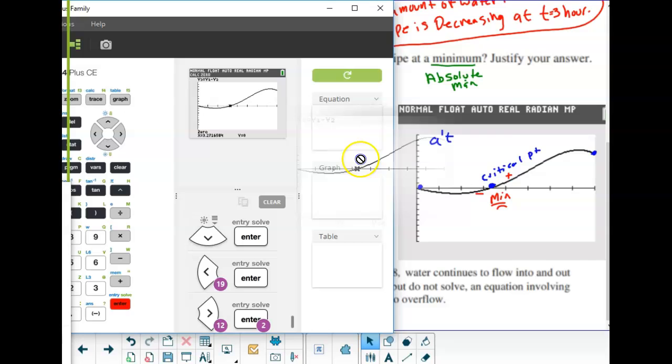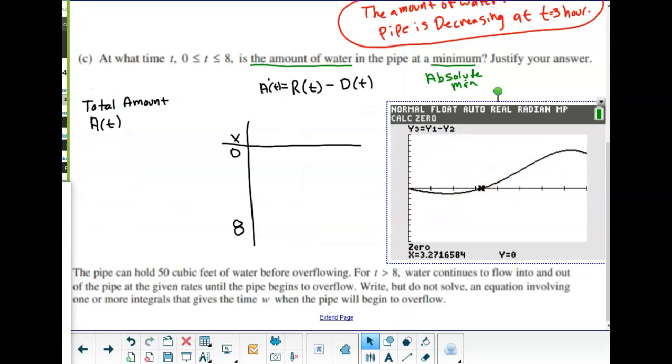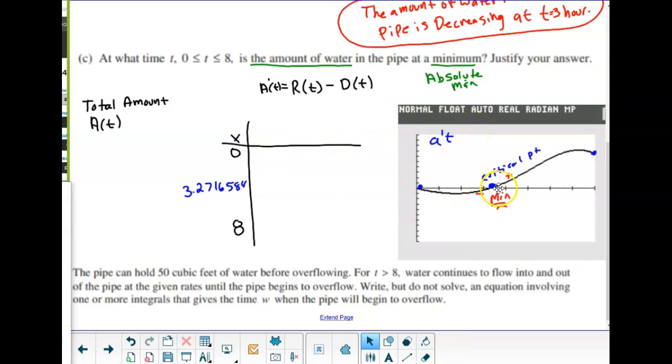So let me just slide this over here quick. So that's that spot. So I'm testing my endpoints and my critical point.